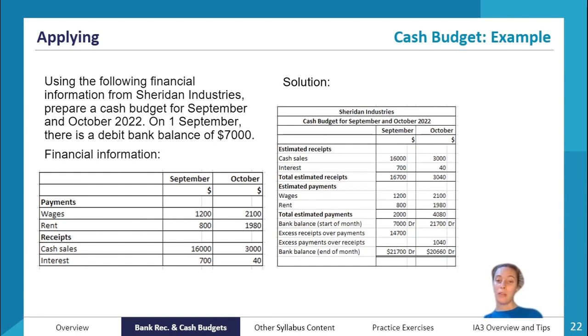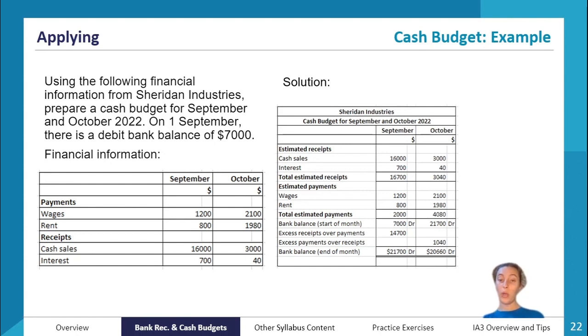Once you've got those totals for each of those things, it's then about bringing things together. So we look at the bank balance for the start of the month. We knew that it was a September debit bank balance of 7,000 because that was provided to us in the question. And then we've got, in this case, for September, excess receipts over payments. So how we figure this out is we're looking at that total estimated receipts figure and the total estimated payments figure.